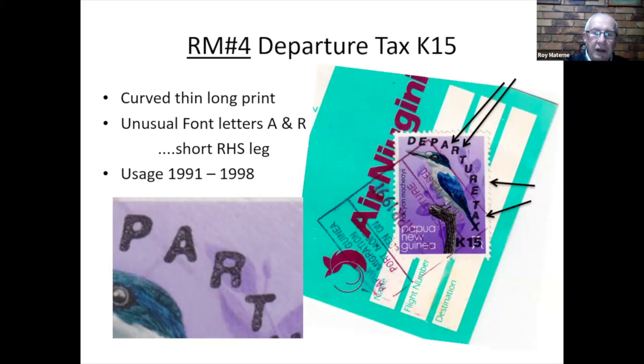You'll see that the right-hand legs of both the A and the R are shortened. It's most unusual, and I couldn't find any font amongst the thousands of different fonts that had this, so I can't tell you what kind of font was used to print this.